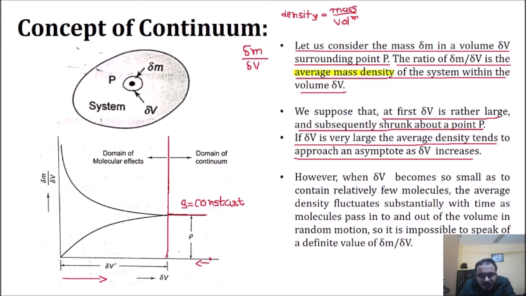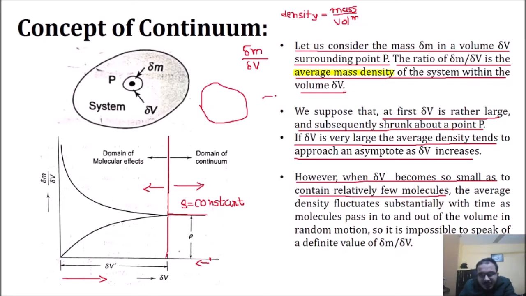However, when we go on the other side of the line, that is on the left hand side of this vertical line, delta V becomes so small as to contain relatively few molecules. See what happens: whenever volume is sufficiently large, it will accumulate so many molecules inside it.